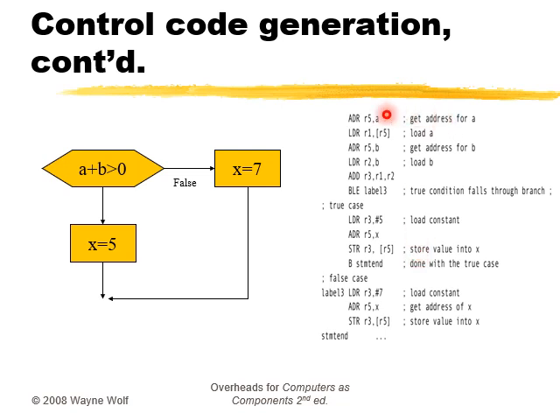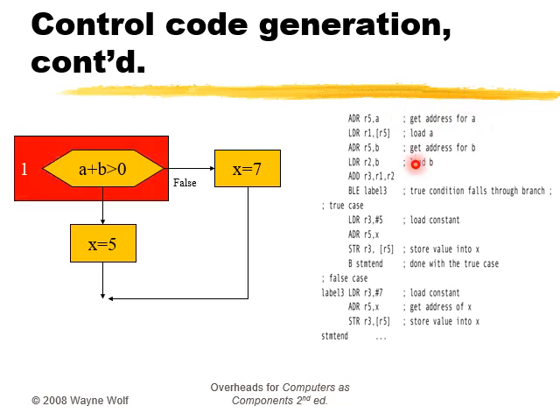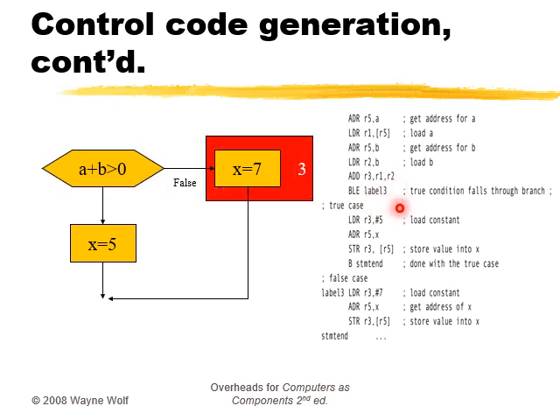So what we do is initially get the address of A, we load A with this LDR statement, then we get the address of B, we load B, then we add A and B and check whether A plus B is greater than 0. If it is not greater than 0, we need to jump: branch if less than or equal to.